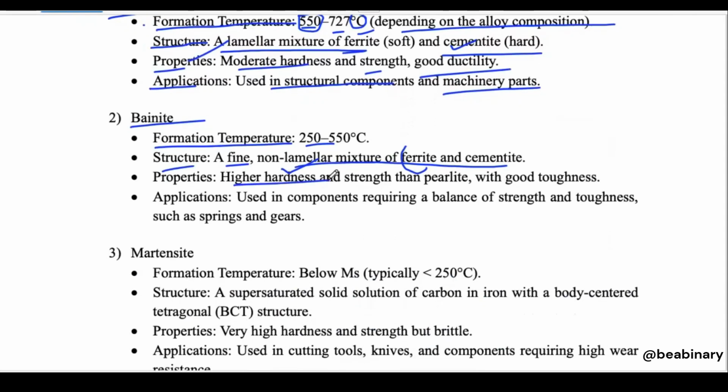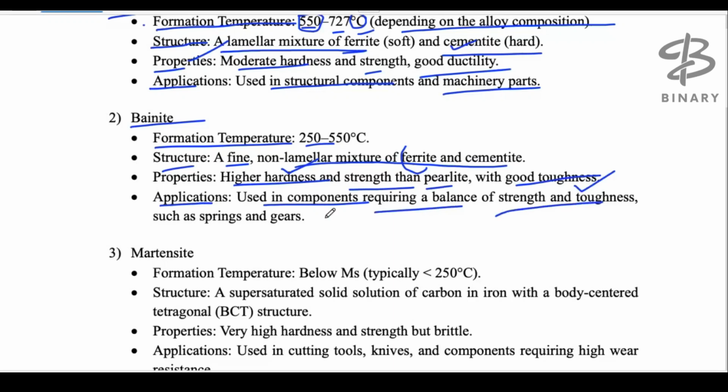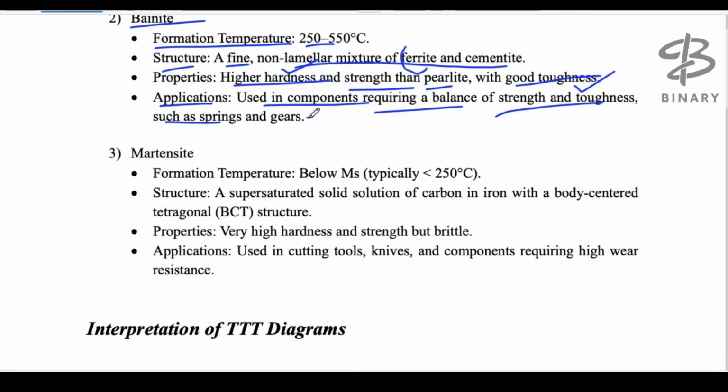Properties: high hardness and strength, stronger than pearlite, with good toughness. Applications are components requiring a balance of strength and toughness, such as springs and gears.